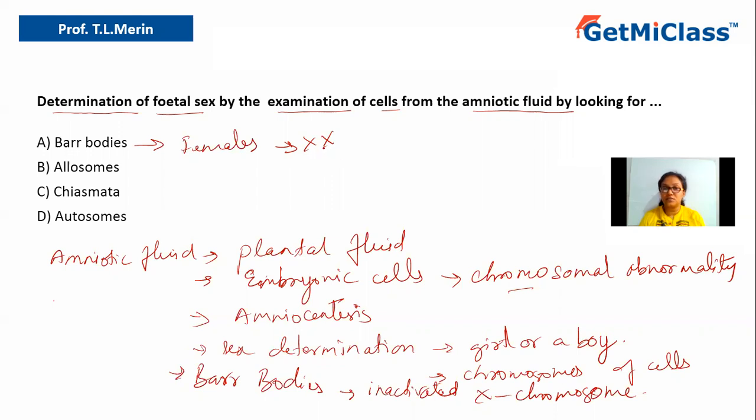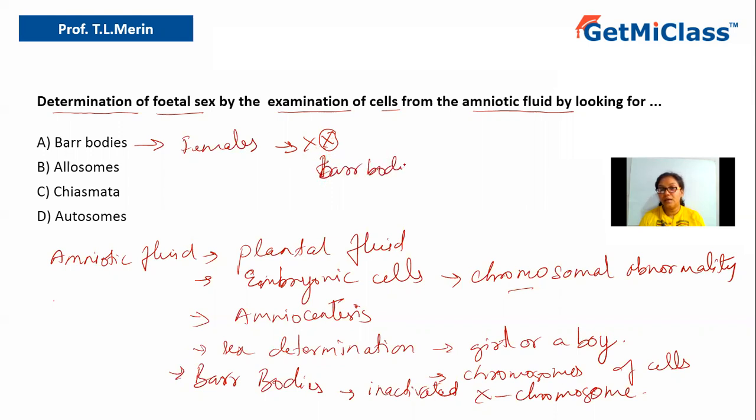Usually it will be inactivated, except for the replication time, when it will get activated. Otherwise, once the process is done, one of the X chromosomes will be inactivated, and that is found as a bar body.